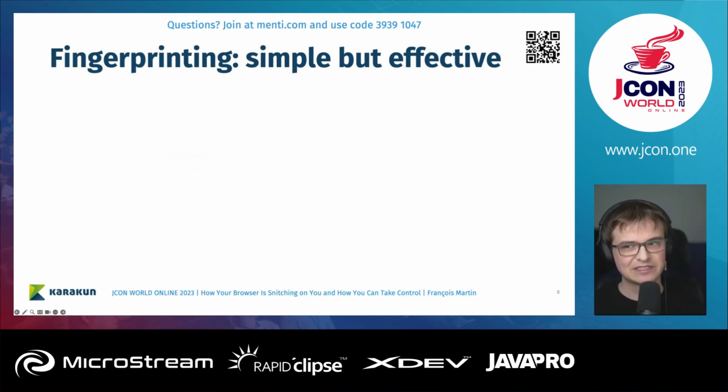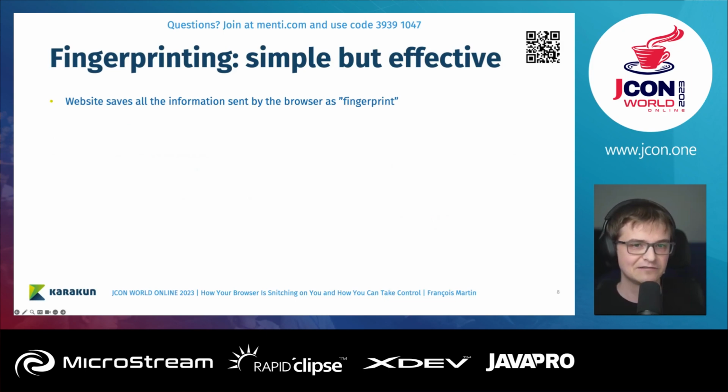So maybe you see fingerprinting is kind of simple, but it's also very effective. So website fingerprinting simply stores all of the information that is sent by the browser on the one hand, but also that is collected and explicitly sent to the server as kind of the fingerprint of your browser.